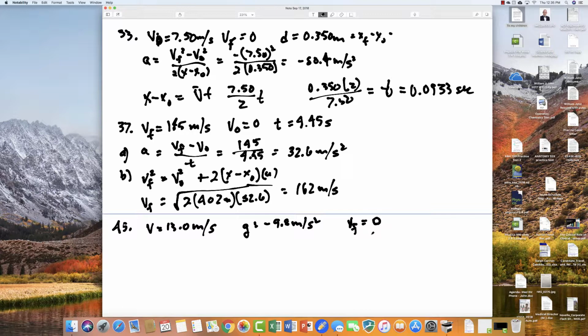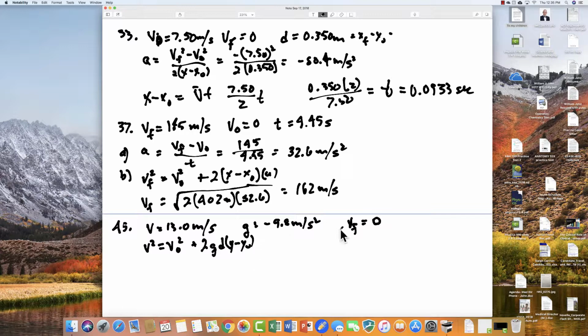The next question is, once we know that, how high does his body rise above the water? And so we can say that v squared is equal to v0 squared plus 2 times g times the distance that he travels, or if you want to write it as y minus y0, you can write it that way.